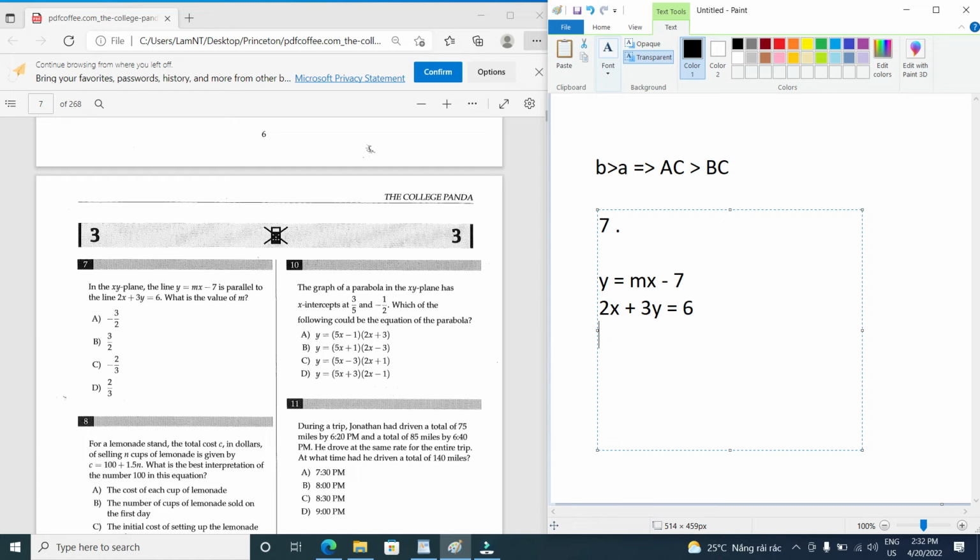So 3y is going to be equal to minus 2x plus 6, so y equal to minus 2 over 3 x plus 2. Let's call the first line D1 and the second line D2.